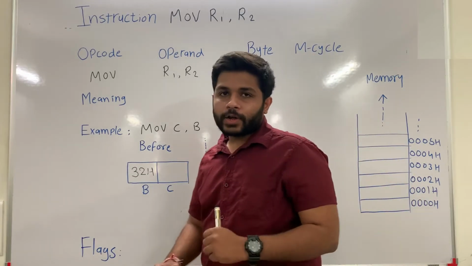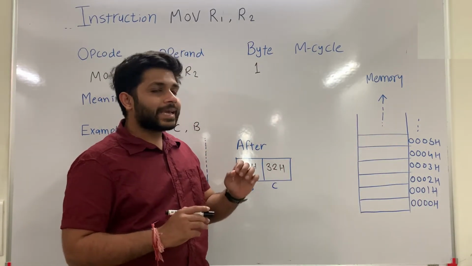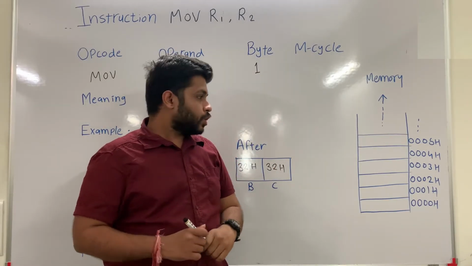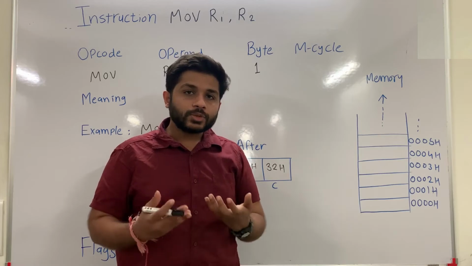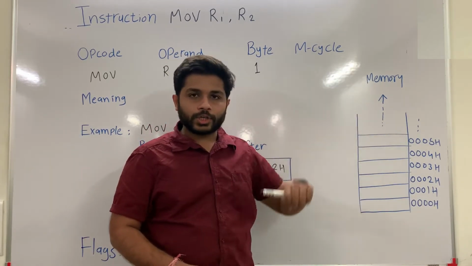Now let's see the working of the instruction. By seeing the working of the instruction, we can understand the machine cycle. When you give an instruction, the microprocessor will store the instruction from the starting location.